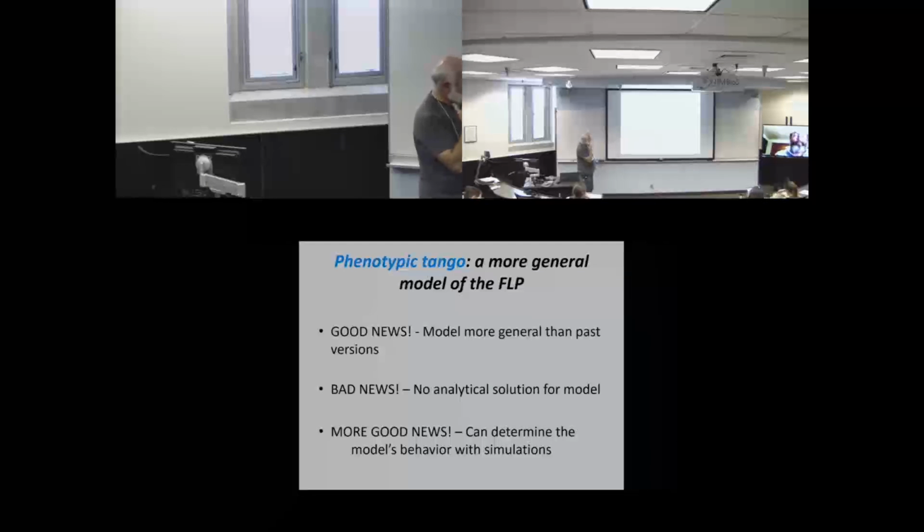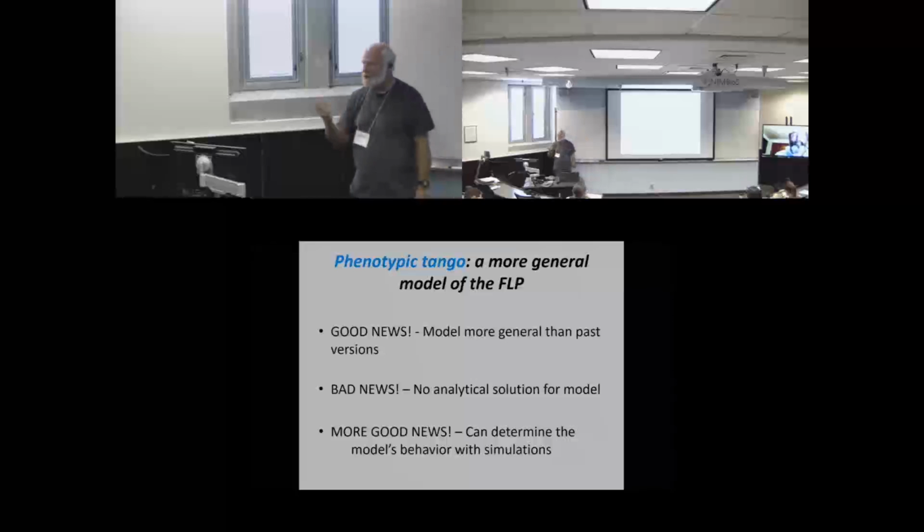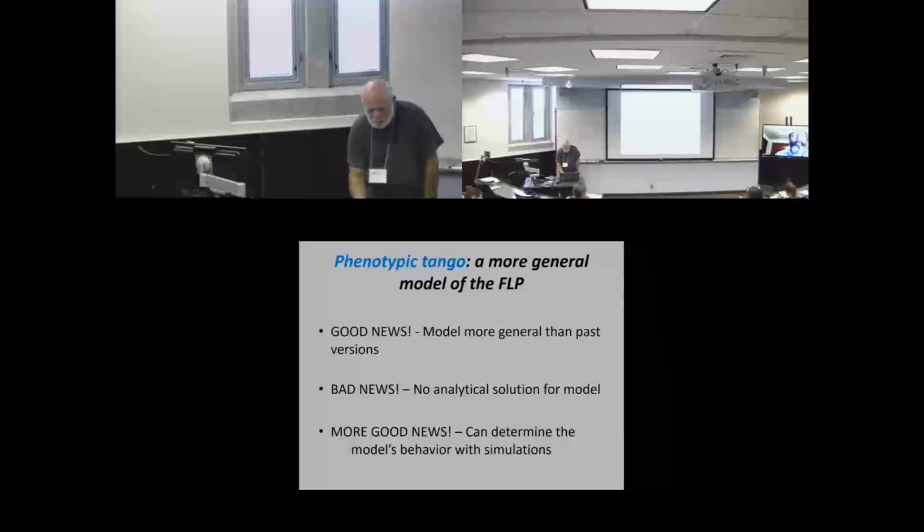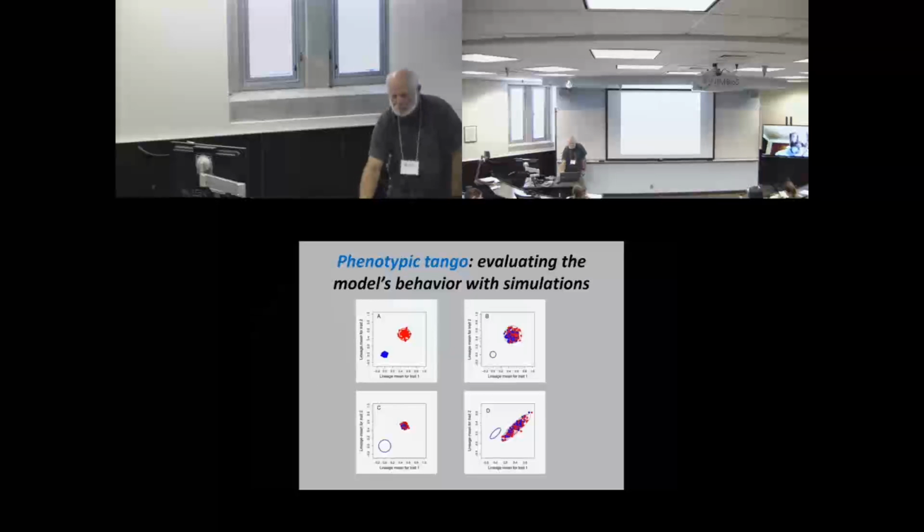And we can determine the model's behavior before we even do the fits by just doing simulations. So we'll do some simulations just to get comfortable in our Zen space with how the model behaves, even if we don't understand its properties in a nice analytical setting.